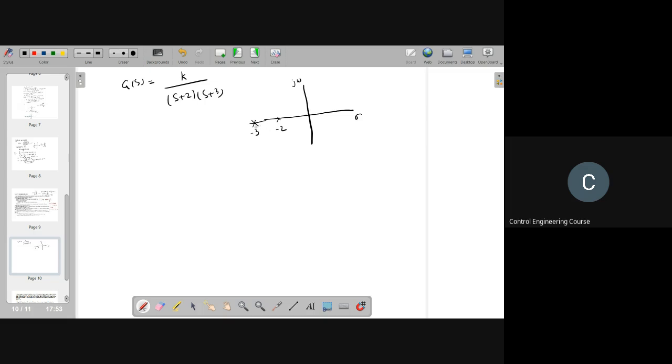What we are trying to find out is how the poles of the characteristic equation change with respect to change in k. That is what we are finding using the root locus.